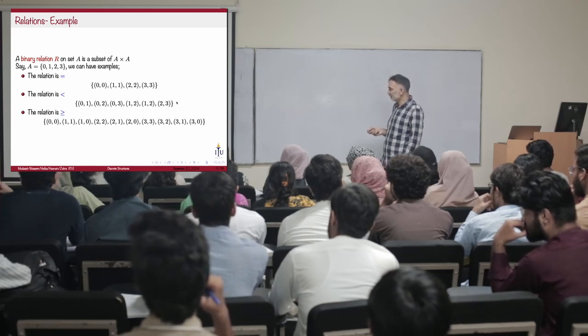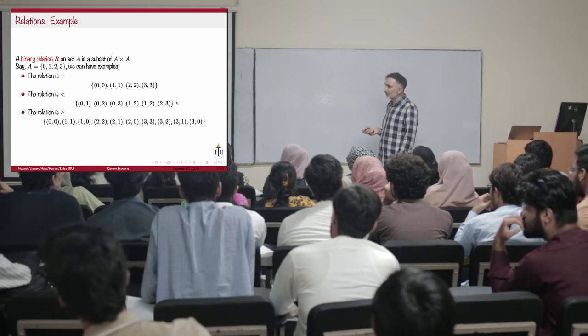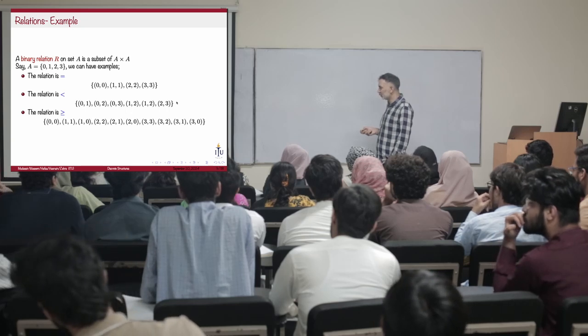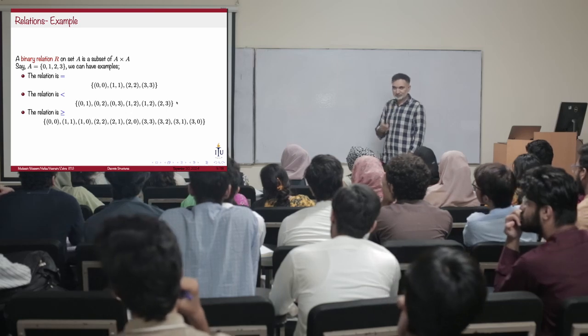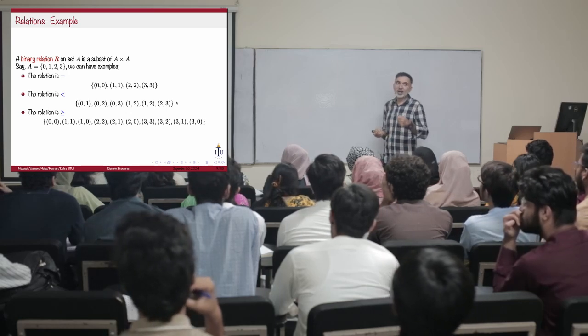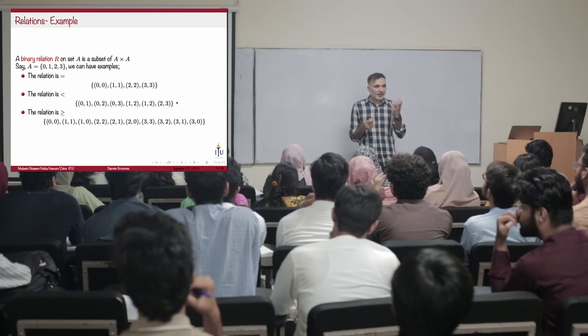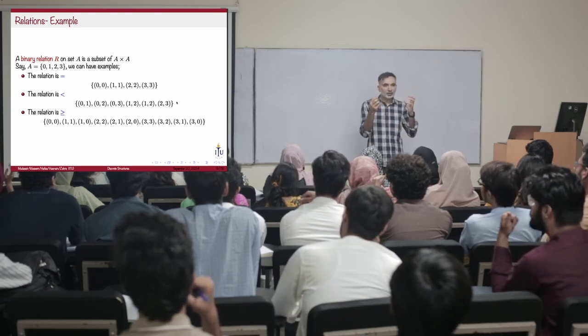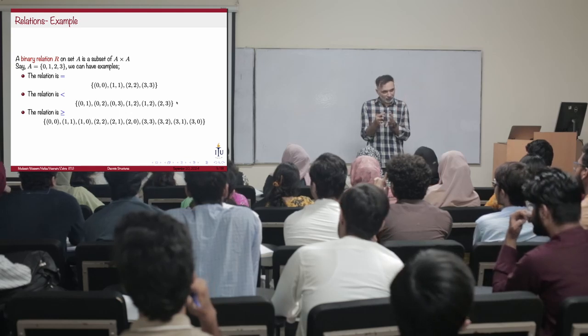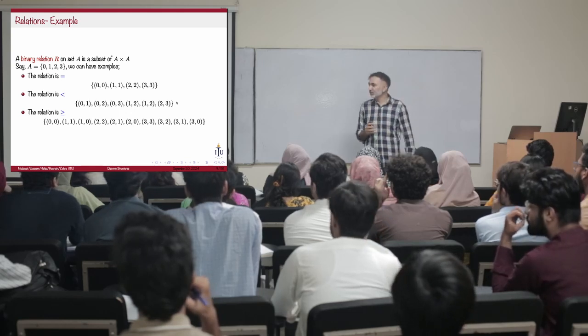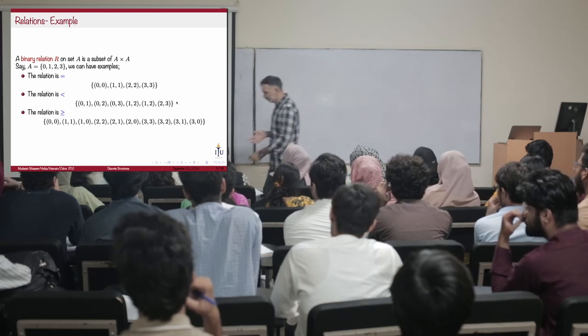Similarly, the relation less than is given by this. And the relation greater than or equal to is given by this. So you can construct a relation by anything that is defined on pairs of things. Since equality is defined on pairs of things, I can construct a relation based on equality.